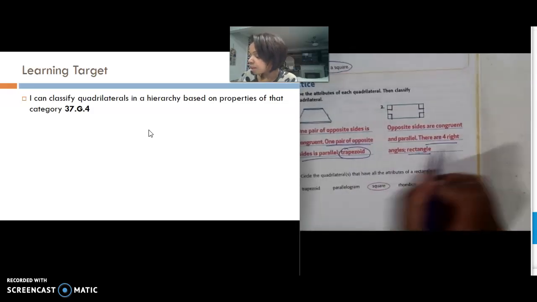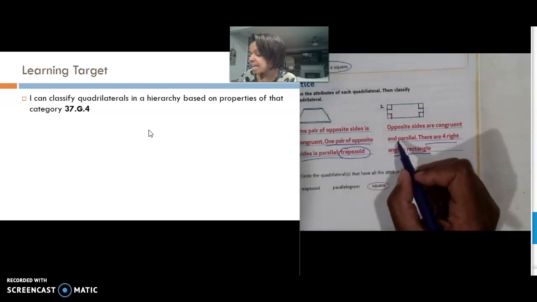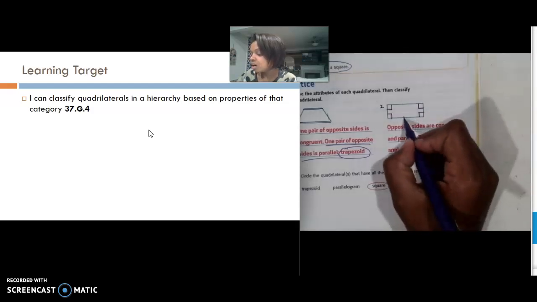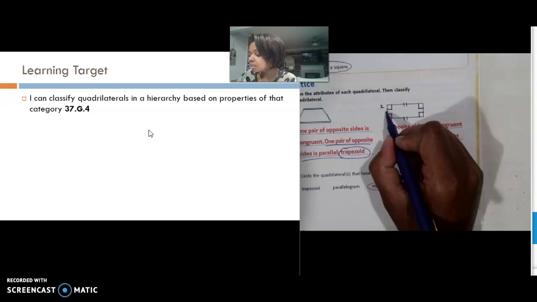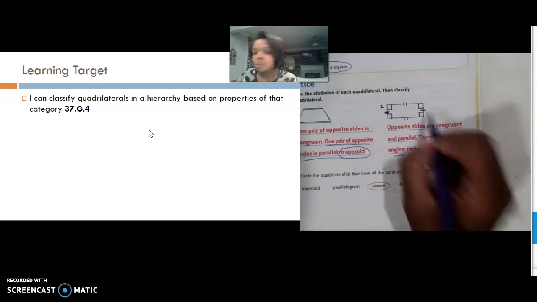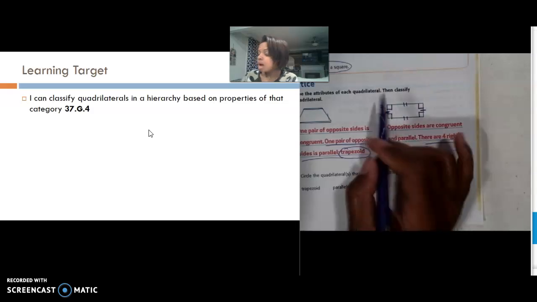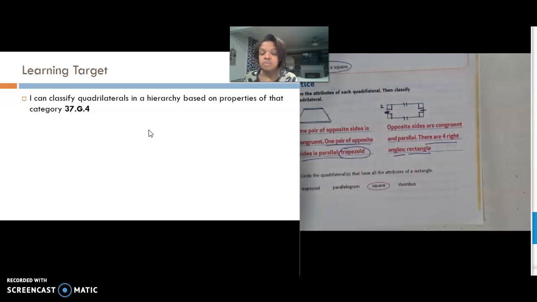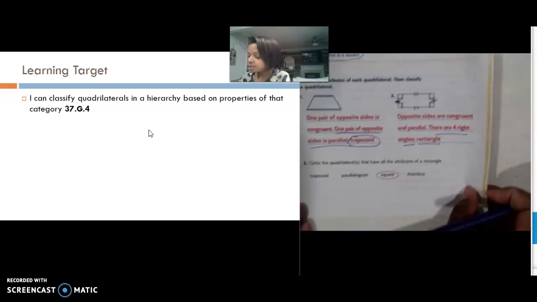Because there are 4 right angles and opposite sides are congruent. Uh-oh, I should only do 1 tick mark there and 1 tick mark there. Okay, so opposite sides are congruent, which means it's parallel. It has 2 sets of parallel sides, and it has 4 right angles, so that makes it a rectangle.